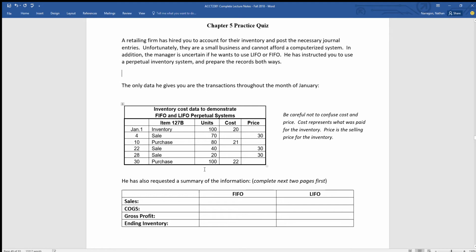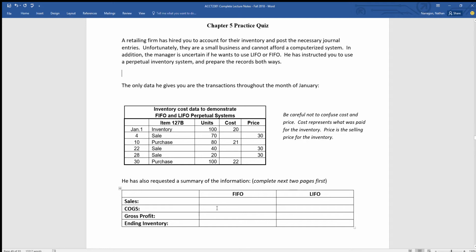Now, we're going to have to watch out. There's two prices here. One is the cost price. Cost price is what we purchased for, so this is the buyer, if you want to look back at chapter 4. Price is the seller. So we're dealing with the buyer and the seller, and we have to watch out which way we go.